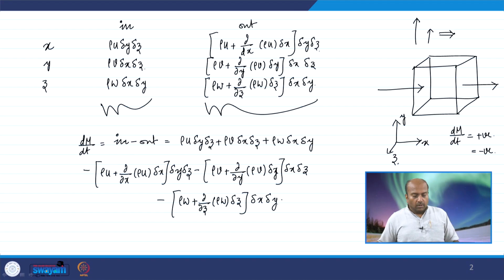Right. So, this is the sum total of mass flux in minus the sum total of mass flux that is going out.